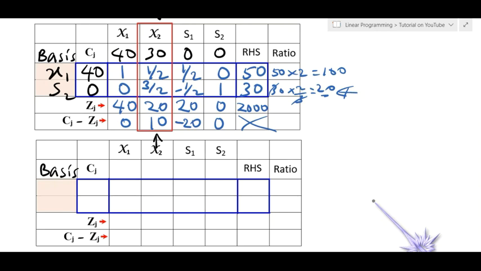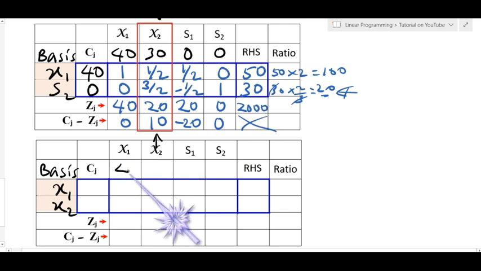Now we're here to carry out the second iteration. We have seen that decision variable X2 is entering the basis while S2 is leaving the basis. So you come here and write it out again, X1 here, X2 is coming into the basis, then our CJ row: 40, 30, 0, 0.